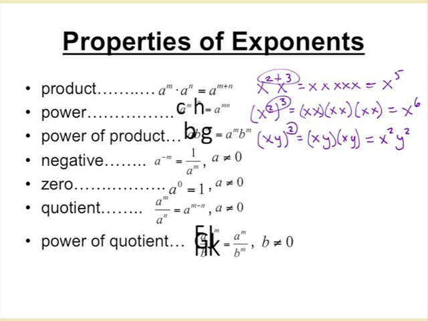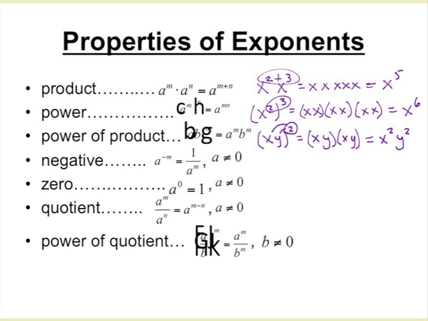So when you have a power on the outside, you have to apply that power to everything inside. So the goal is to get rid of the parentheses if there are any and get it so that each variable only appears once in a problem. Or simplified. Simplified, yep.